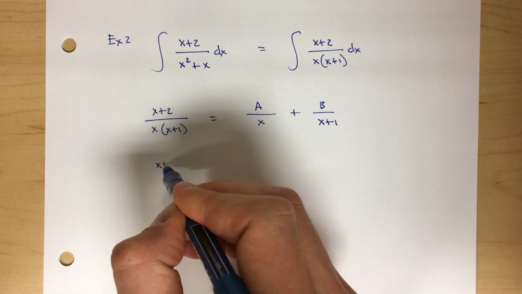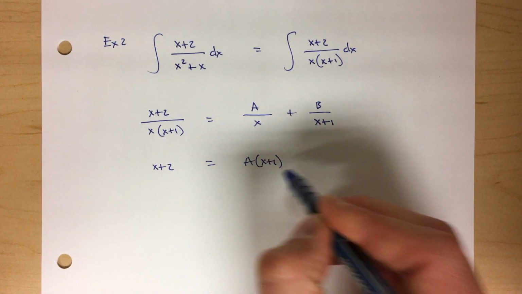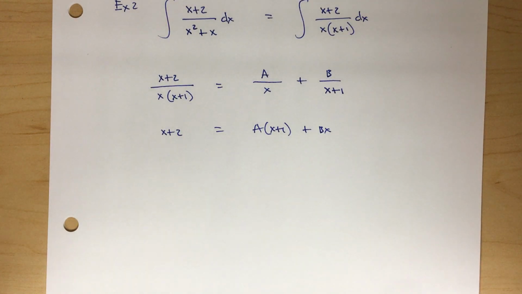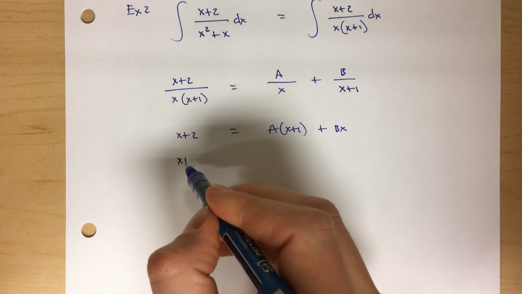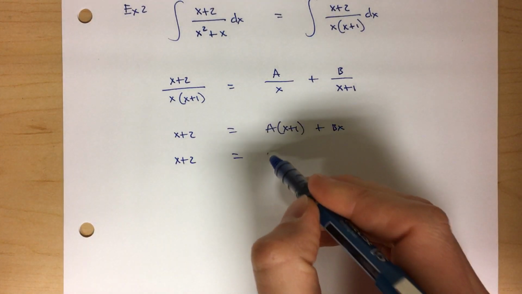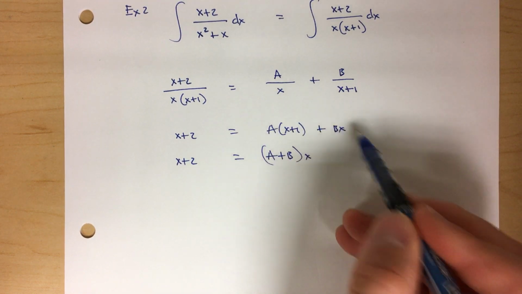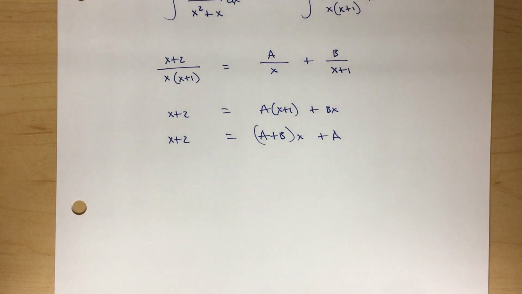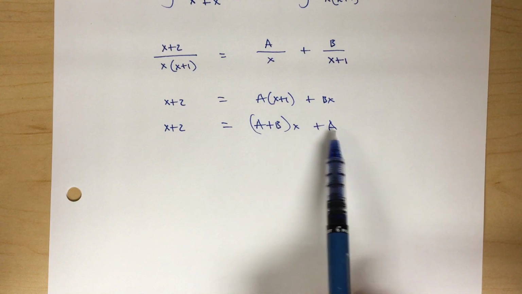Now, multiplying by the least common denominator, we should be multiplying by x times (x plus 1). We should get that x plus 2 is equal to a times (x plus 1) plus bx. Excuse me. And that means that x plus 2 is equal to (a plus b) times x, ax, bx, (a plus b) times x, plus a. So you'll notice that what I'm doing is writing this as something times x plus a constant.